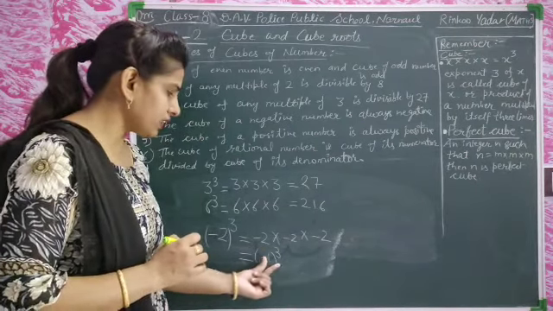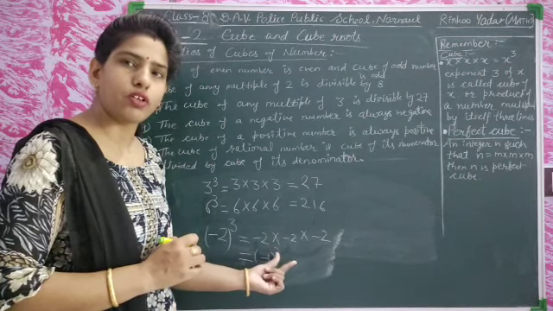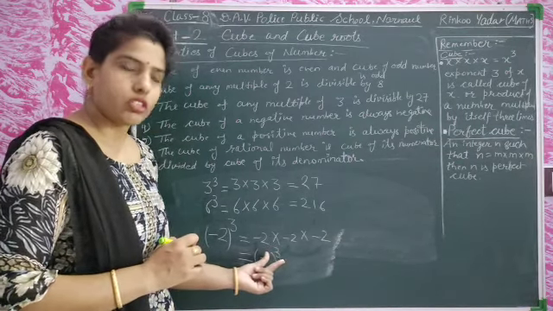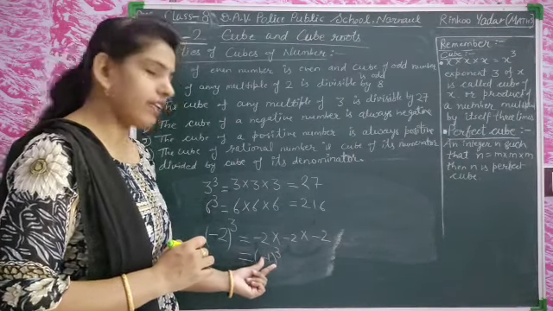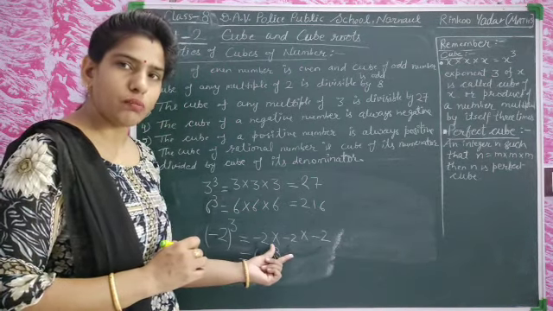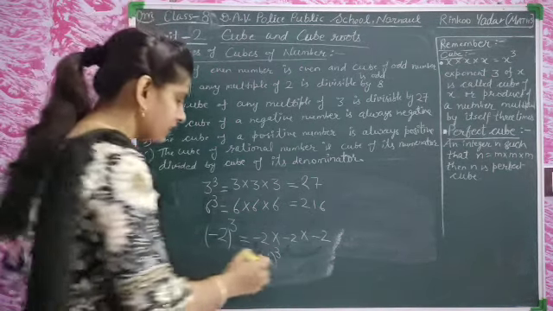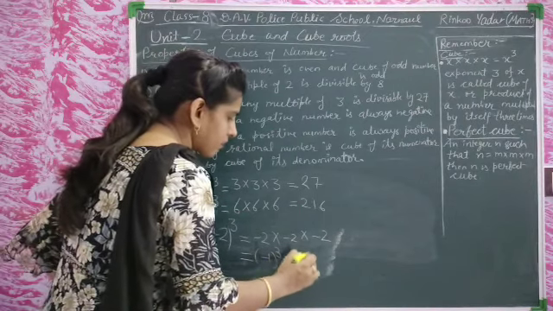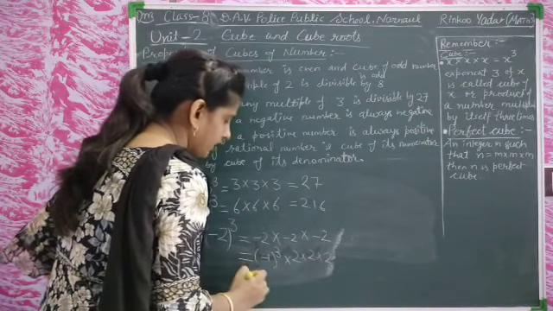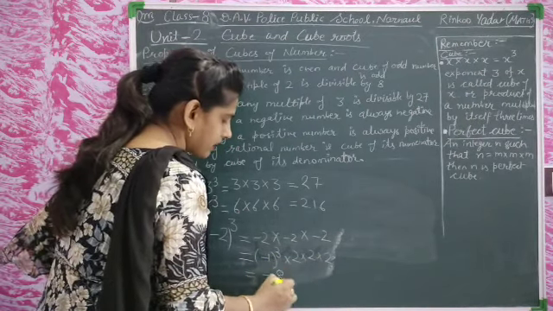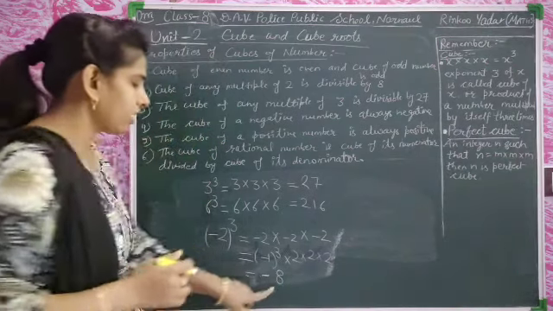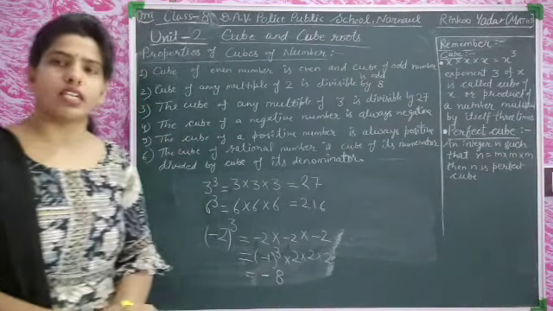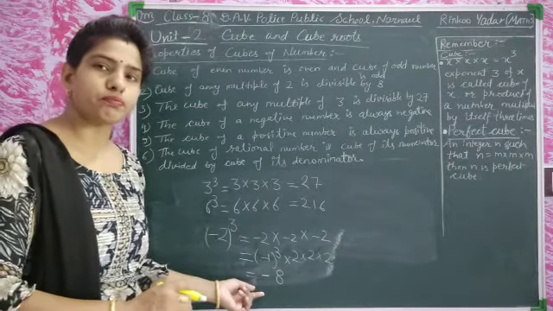So you are seeing there that any negative number with an odd power is always negative. It means this is negative here, and 2 into 2 into 2 equals 8, so minus 8 is the answer here.